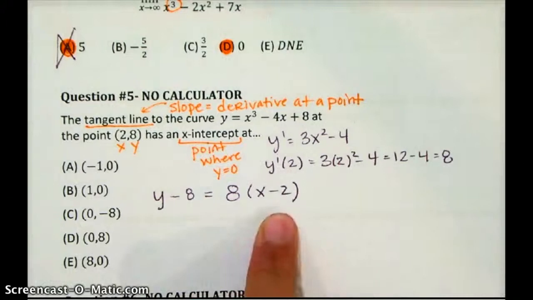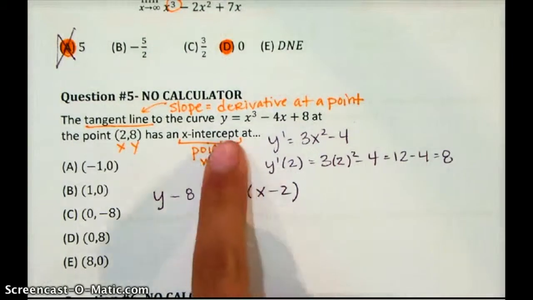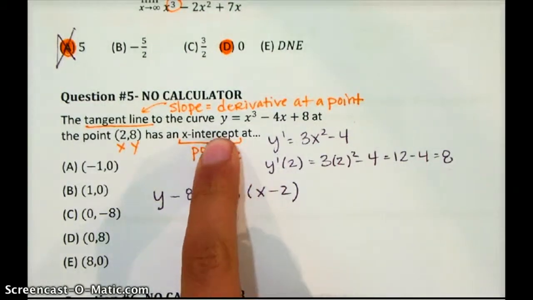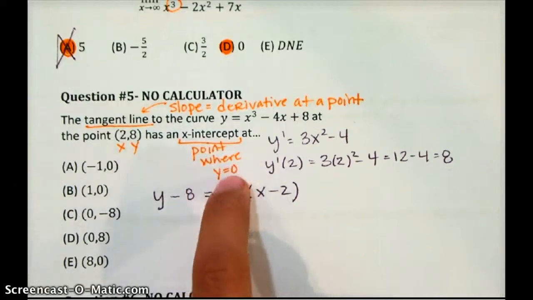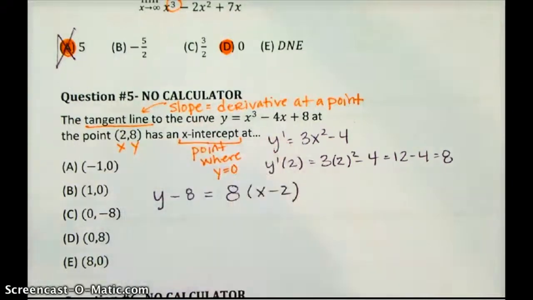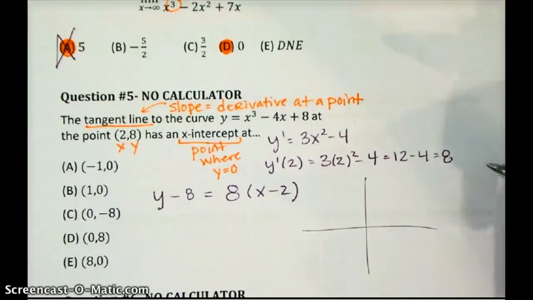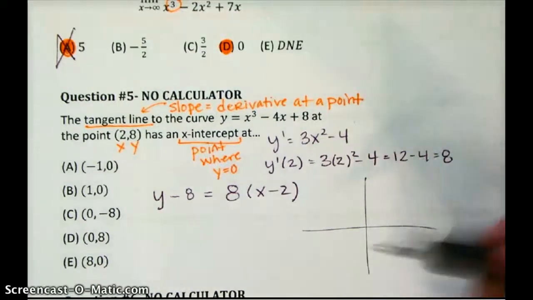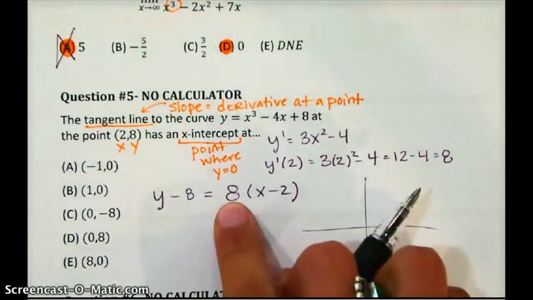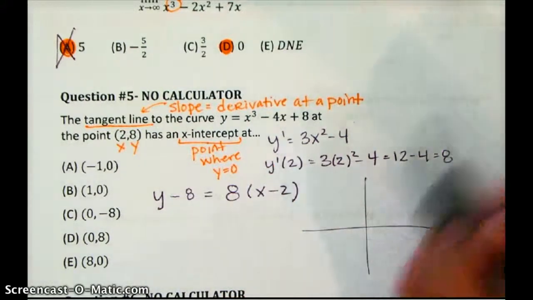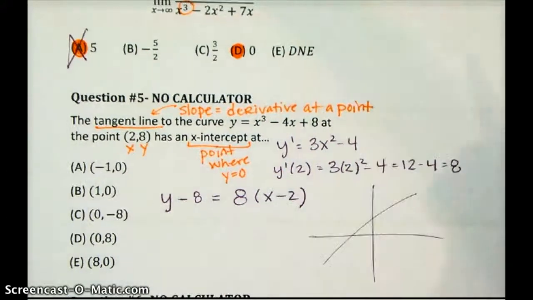And this is the equation of a line. I want to know what the intercept is, the x-intercept, not the y-intercept. So to find the x-intercept, I plug in y equals 0. If you're not sure where that came from, I would recommend on a test that you sketch it out and think about the meaning. I've got some sort of line, it's got a positive 8 slope. I don't really know where its y-intercept is, but it's going to look something like this.